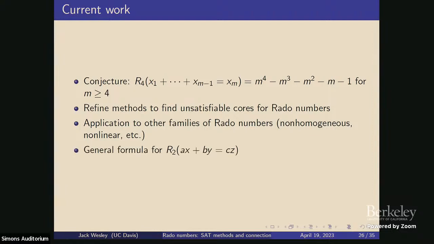And using this big database, or data, for ax plus by equals cz, it seems like we should be able to use this somehow to get some insight into a general formula for the 2-color case.